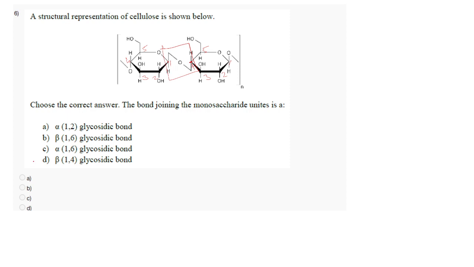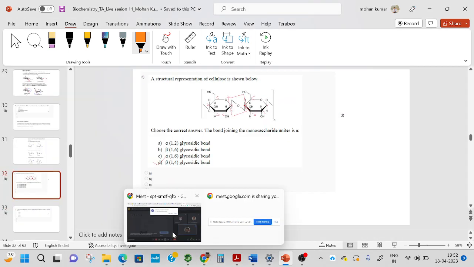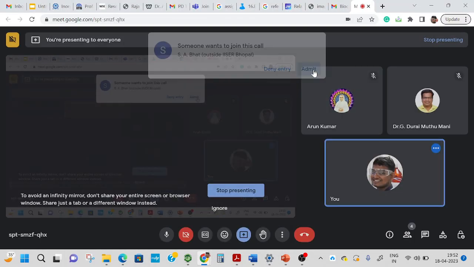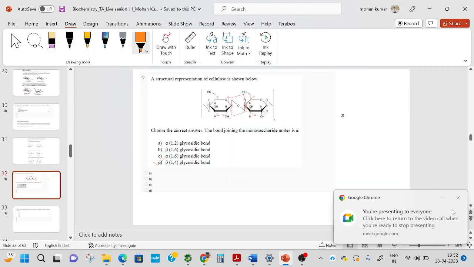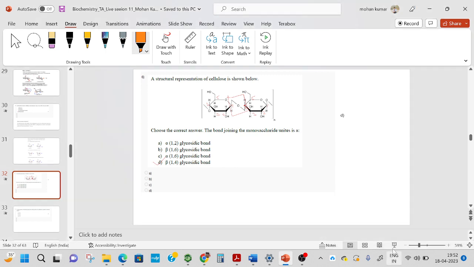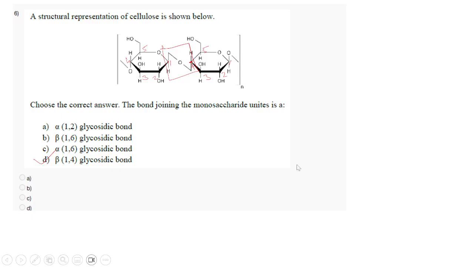So it is a beta 1,4 glycosidic bond. In all these structures, it is not connected through 1,6. Fine.